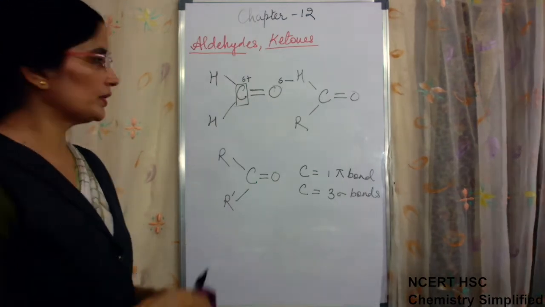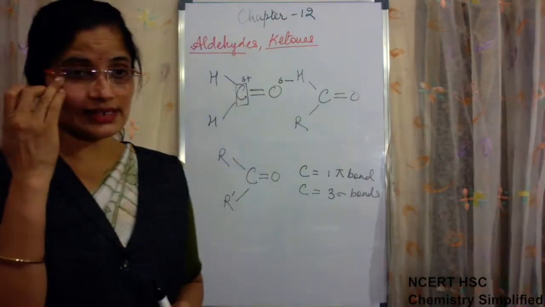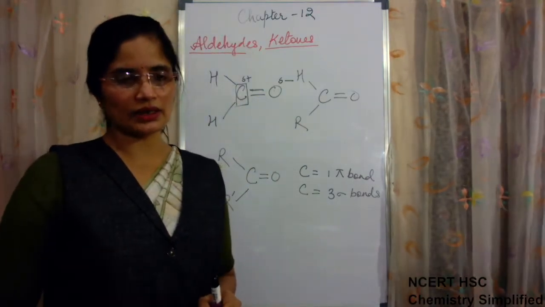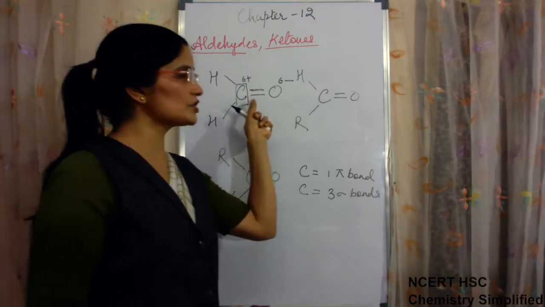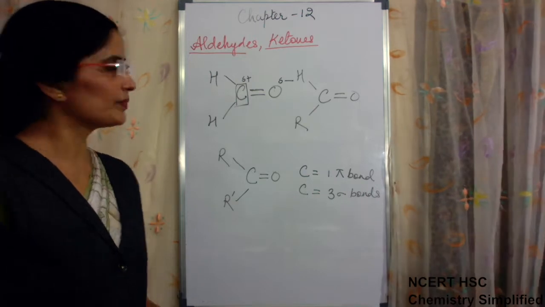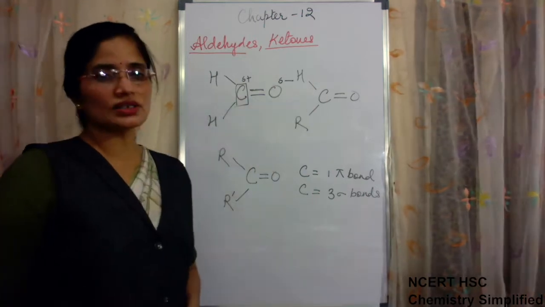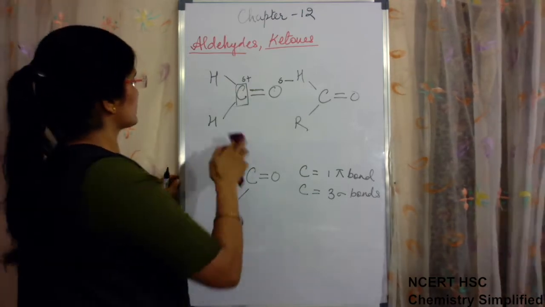Okay. Now in haloalkanes and alcohols, we had seen that most of the reactions were substitution reactions, but here, because of the presence of the double bond, the chemical properties of aldehydes and ketones are mainly of the addition type. They give addition type reactions. Okay.